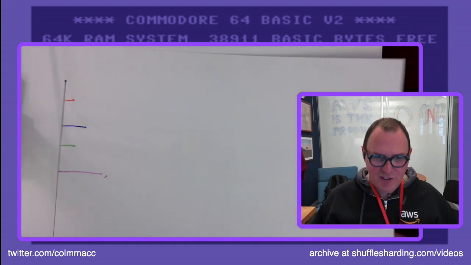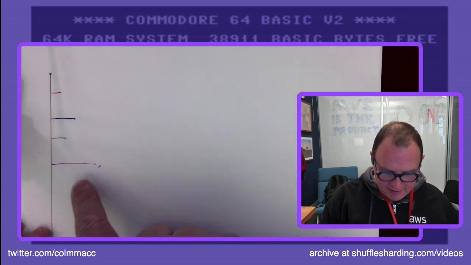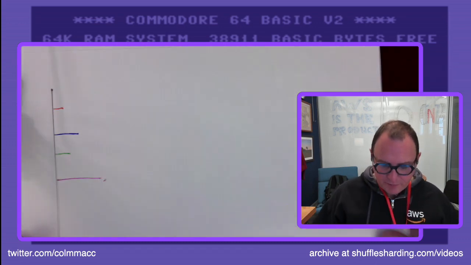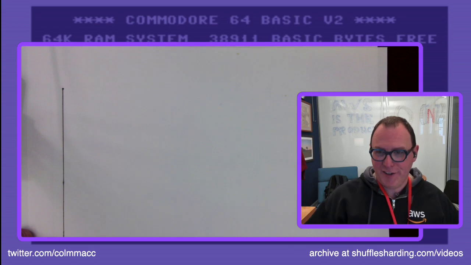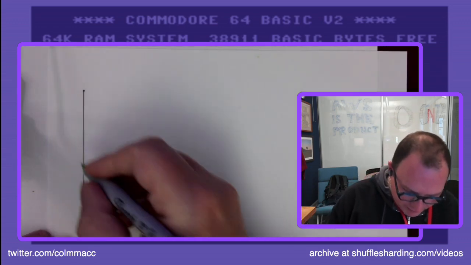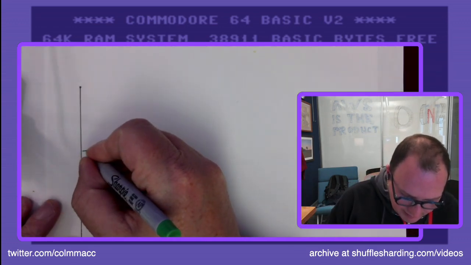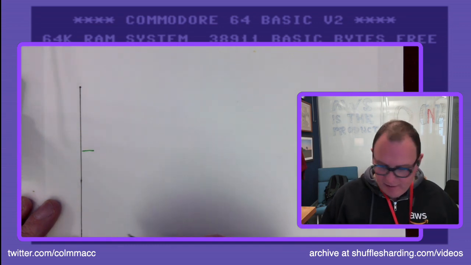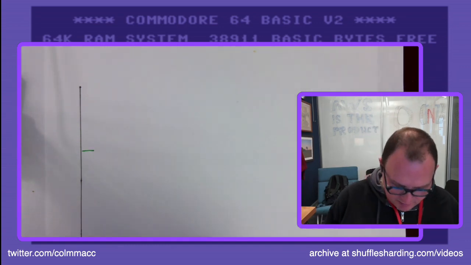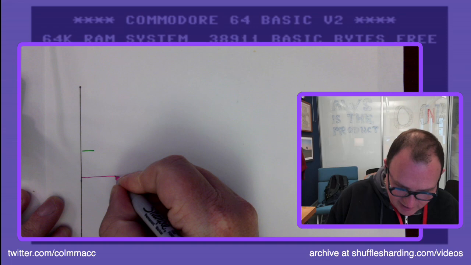So let's just pick two of these, for example. Let's take the pink one and the green one and look at what happens if we add jitter. Here are our starting positions; this is how long they take naturally.